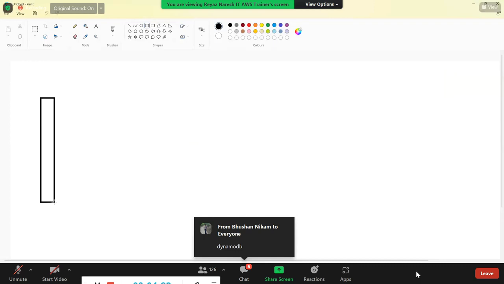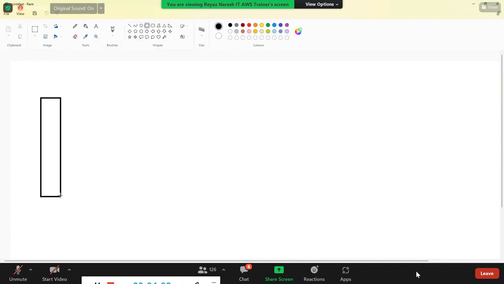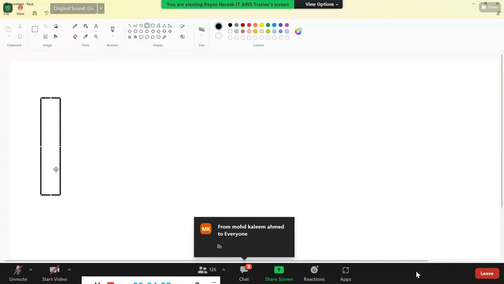Whenever I draw this diagram, what does it represent? It's ELB, forget about LB. Now we are in AWS.